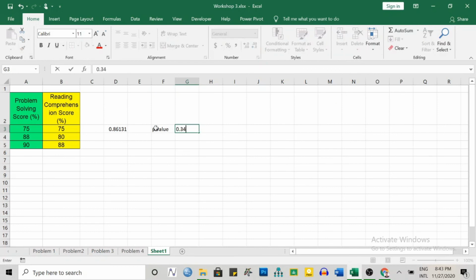That is 0.34, and this is greater than 0.05. This means that although this is a very high number, it is not significantly different from 0. So we will treat this not as a high correlation but equal to 0.